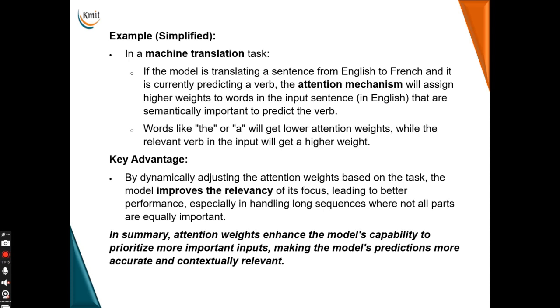So to summarize, the attention weights enhance a model's capability to prioritize which inputs can be considered and which can be neglected according to the context.